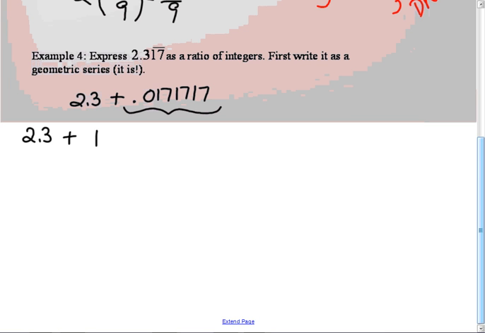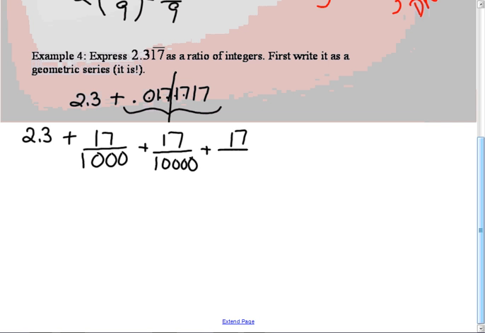So it's 17 over, you guys know how to get the place value the easy way? It's 1, 2, 3. So it's 1 followed by 3 zeros. And then it's going to be this one, plus 17, 1, 2, 3, 4, 5 zeros. Plus, anybody have a guess? 7 zeros.